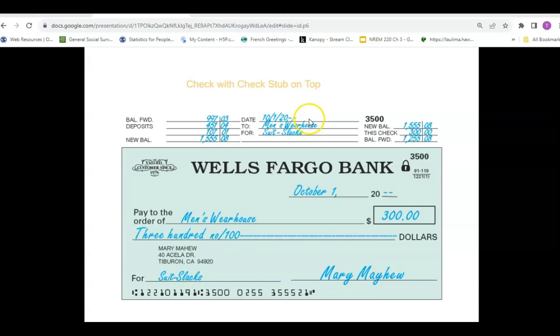So this check was written on October 1st to Men's Warehouse for suits and slacks. And then on the right side here, we have the new balance that we calculated after any deposits. We also have the amount of this check, in this case $300, and the new balance after this $300 check is $1,255.08.